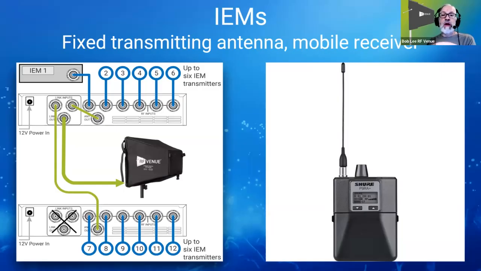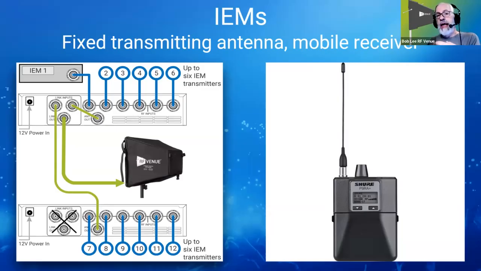Each feed goes into an IEM transmitter, which produces a UHF FM signal that carries that particular monitor mix. So you can have a large number of transmitters working in your IEM system because you have a whole bunch of different monitor mixes. It's possible also to send the same monitor mix to more than one artist on the stage if that's acceptable to them.